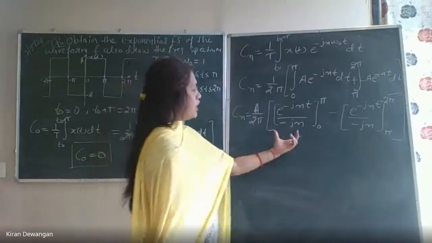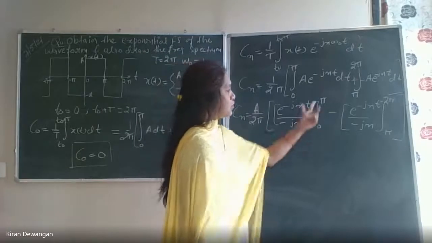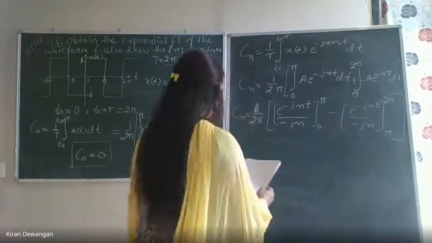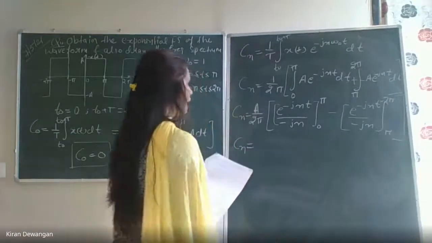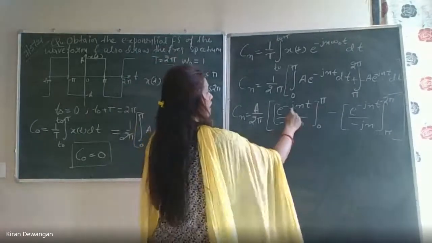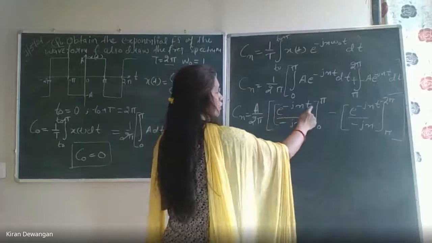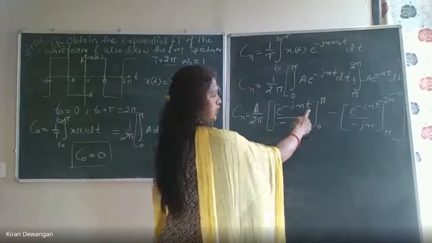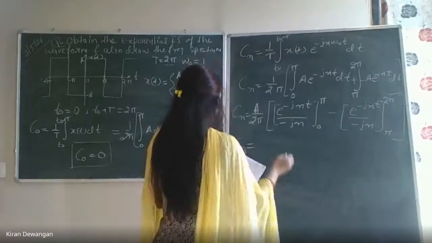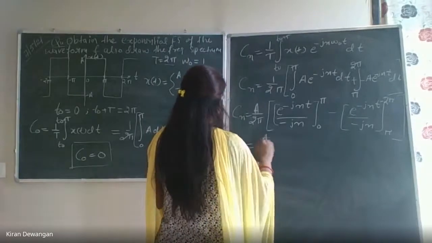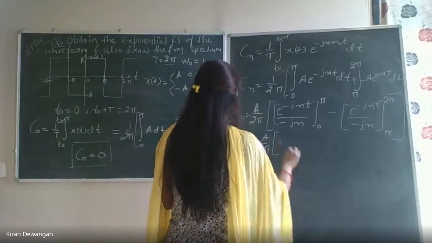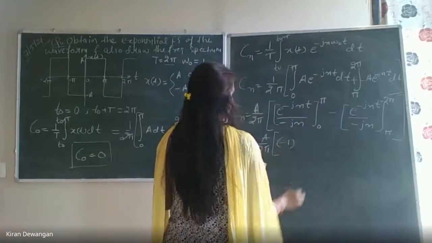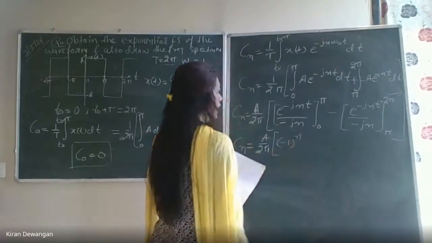And we have to just apply the limits 0 to pi and pi to 2 pi here, and it comes out as Cn after applying the values of e to the power j n pi and e to the power minus j n pi. And e to the power minus j n pi is minus 1 to the power n.